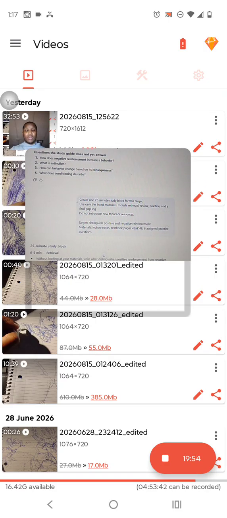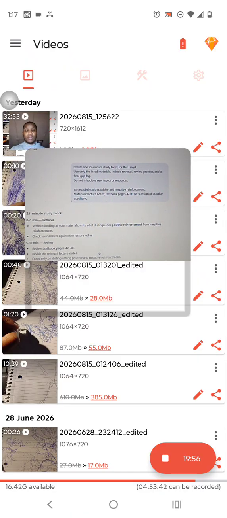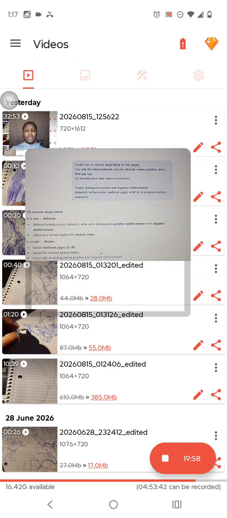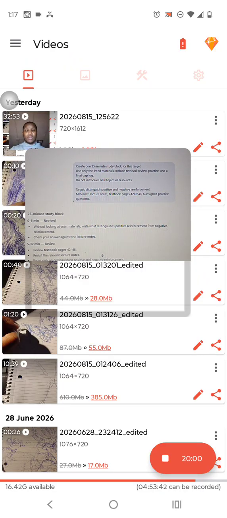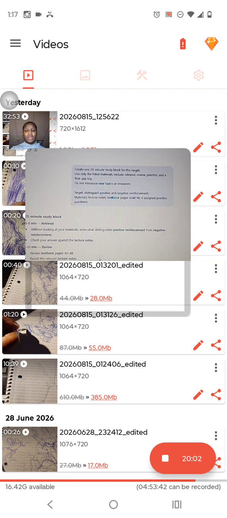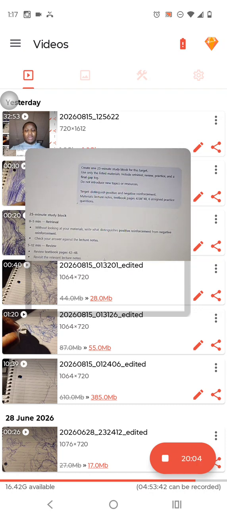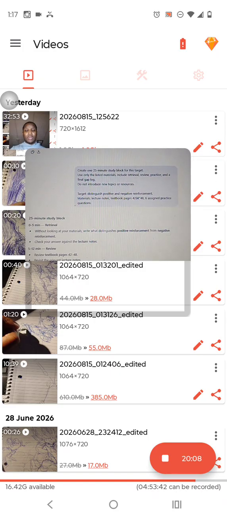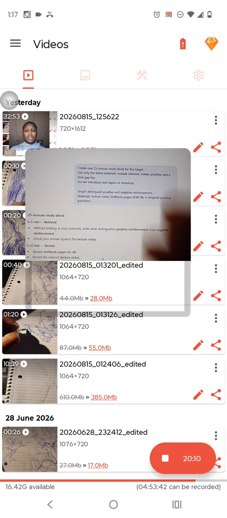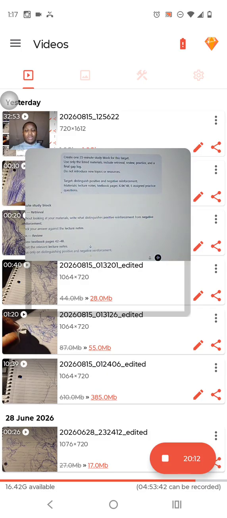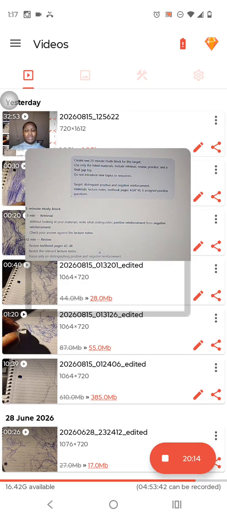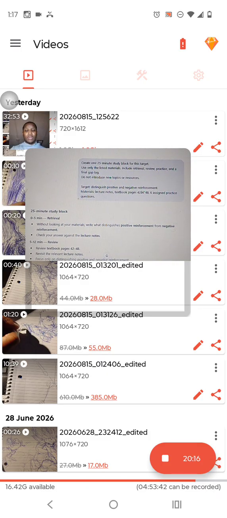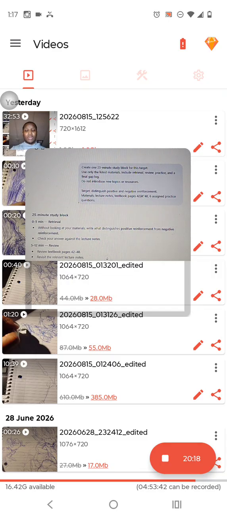All right, so next one is: create one 25-minute study block for this target. Use only the listed materials. Include retrieval, review, practice, and final gap log. Do not introduce new topics or resources. Target is distinguishing positive and negative reinforcement.